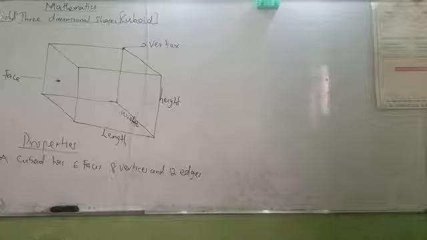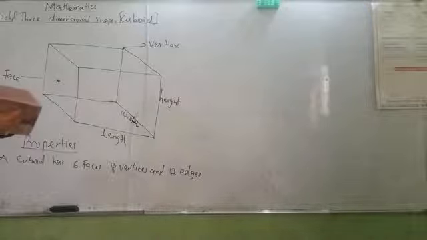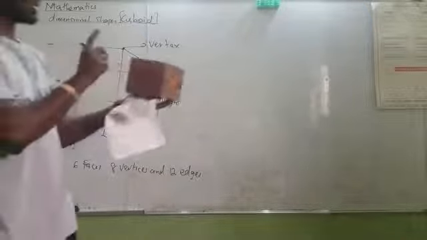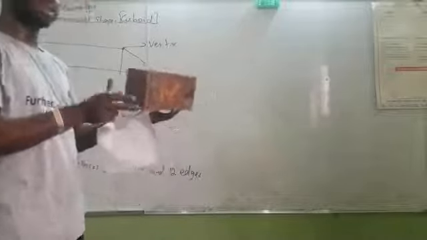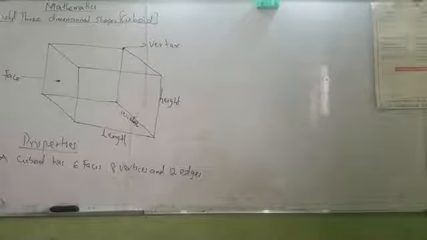Now, it has 8 vertices. Can you see? 1, 2, 3, 4, 5, 6, 7, 8. And it has 12 edges.